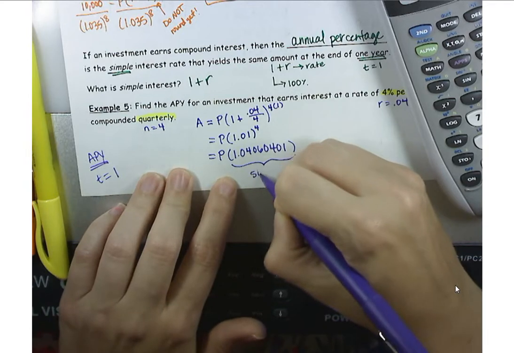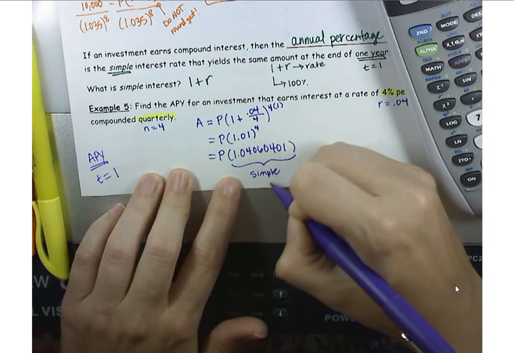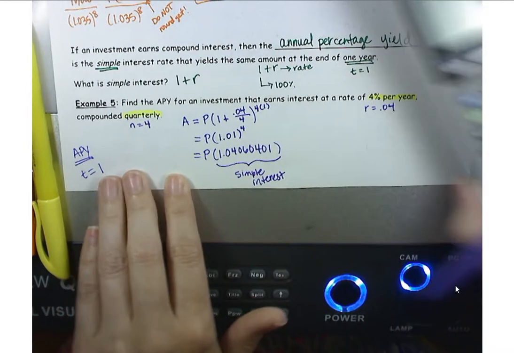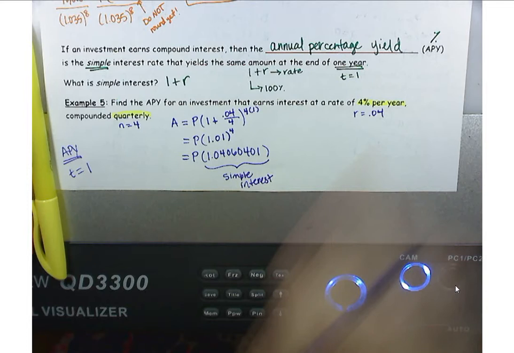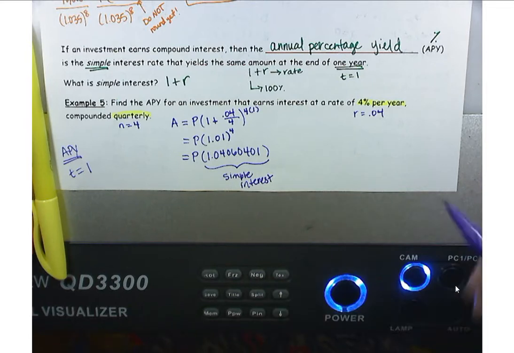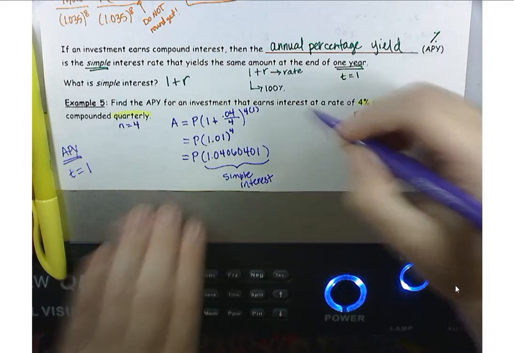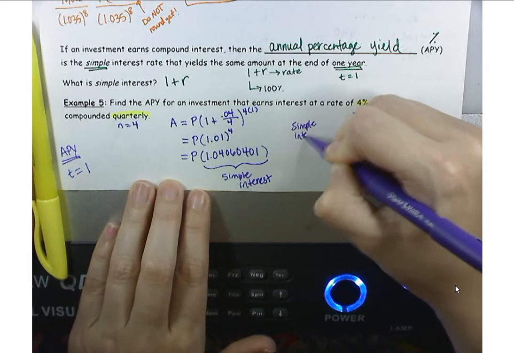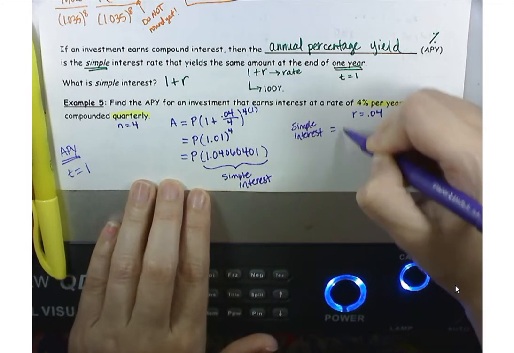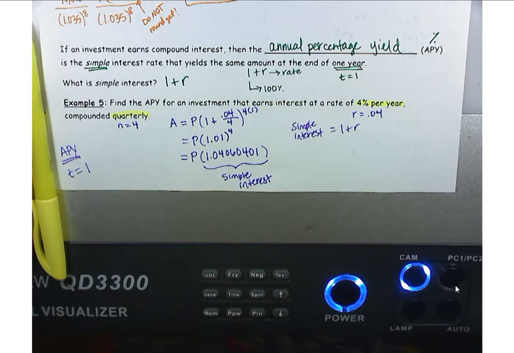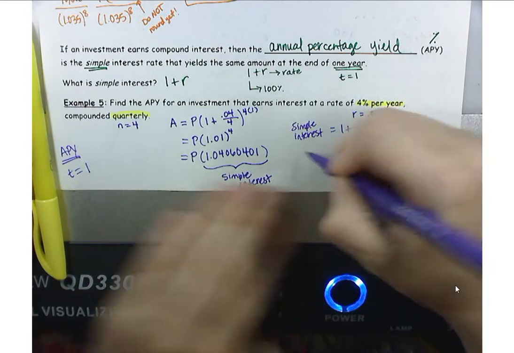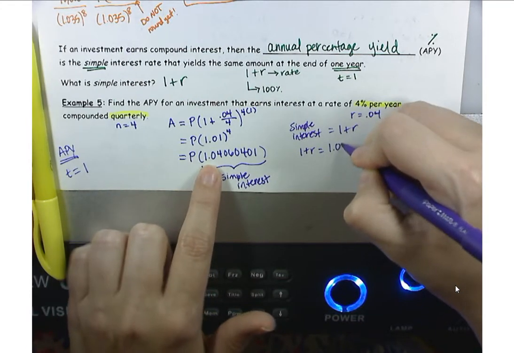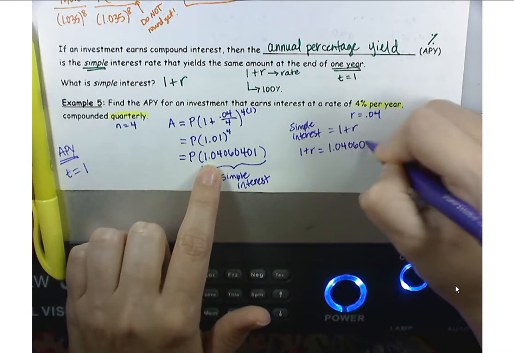This is your simple interest. Okay, so if your simple interest is equal to 1 plus R, that means 1 plus R is going to equal 1.04060401.